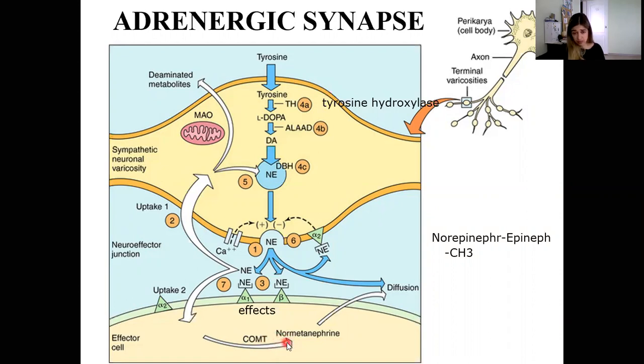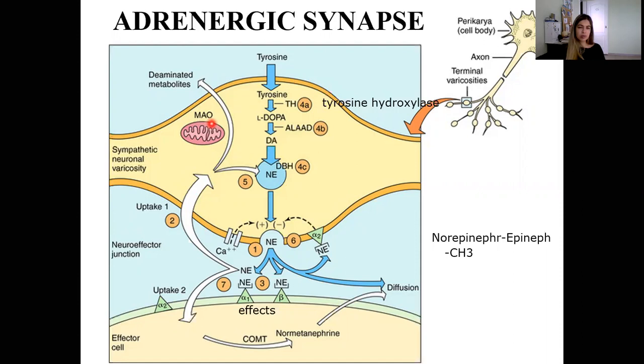It converts norepinephrine into normetanephrine. Then, if it goes back by reuptake into the sympathetic nerve, it will be destroyed by the MAO enzyme, monoamine oxidase.